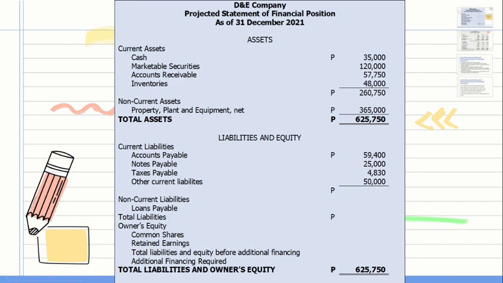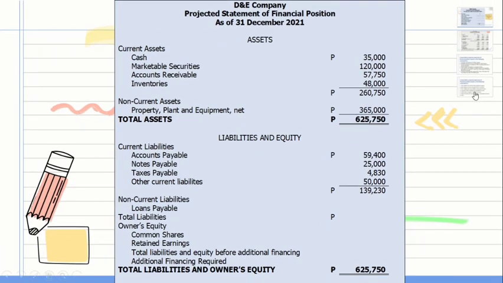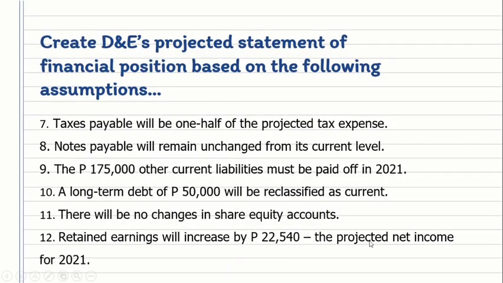So, we have our total current liabilities of 139,230. So, loans payable. Ang atong loans payable pag 2020 is 250,000. However, according to our 10th assumption, a long-term debt of 50,000 will be reclassified as current.